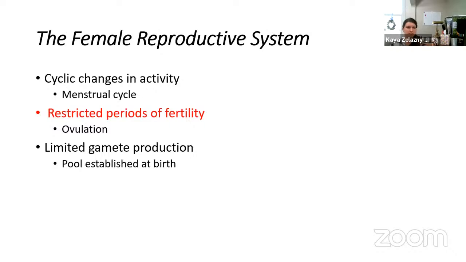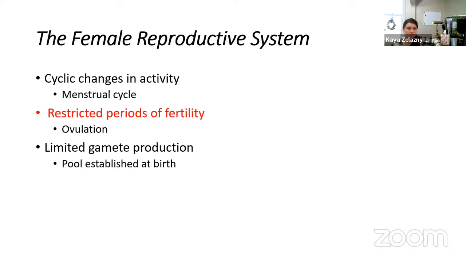So we have these cyclic changes in activity, both in terms of what's going on in these physical structures, in the ova, in the follicles, in the lining of the uterus, but also cycles in hormones. And the observable thing that we see, right, is the menstrual cycle. The female reproductive system is also different than the male in that there are restricted periods of fertility.